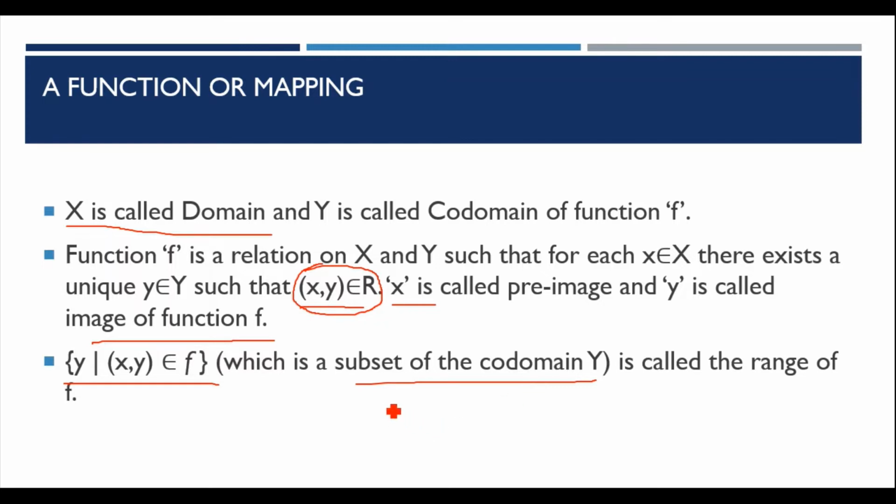Now, assuming this is for X and this is for Y, X has these elements and Y has these elements.